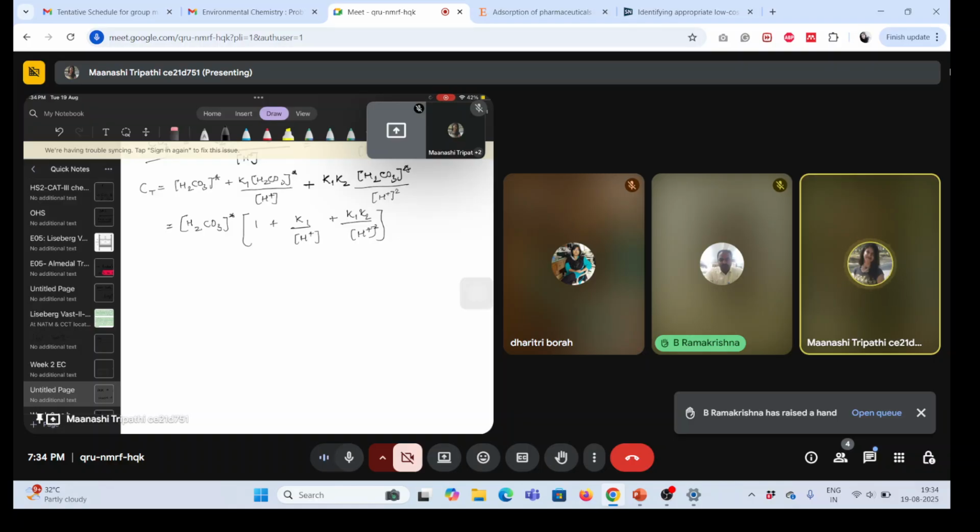Simply from here we can calculate H2CO3 star, because we want to know the undissociated H2CO3.